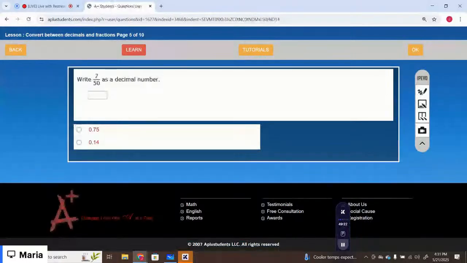Right, 7 over 50 as a decimal number. That is 0.14. Option number 2 is the correct option.